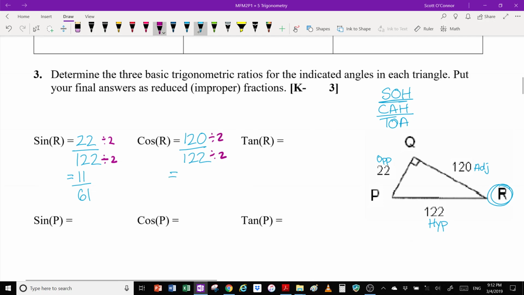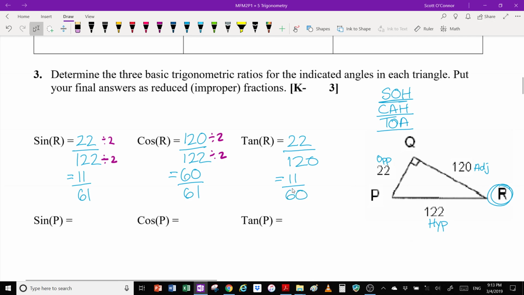And I get 60 over 61. And I've done cos r. Now I'm going to do tan r. Remember, tan is opposite over adjacent. So that's going to give me 22 over 120. I divide again by 2, and I'm going to get 11 over 60.